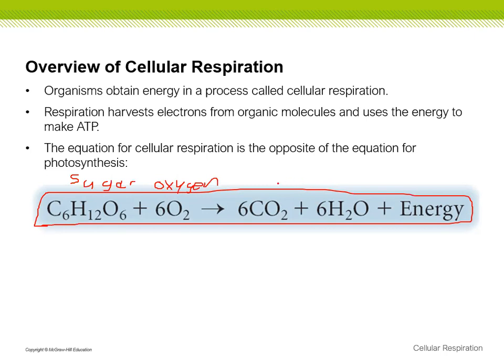What we're going to get out of this is CO2, carbon dioxide, water, and energy. That's basically how cellular respiration works. You give something sugar and oxygen, you're going to get out CO2, water, and the actual energy for it.